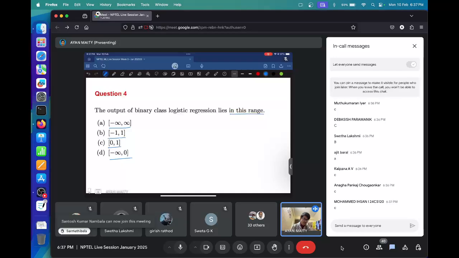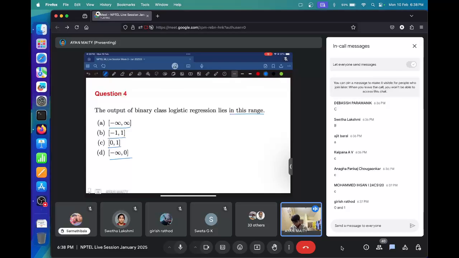Muhammad Ihsan says option C. Okay. Girish Rathore says 0 and 1.